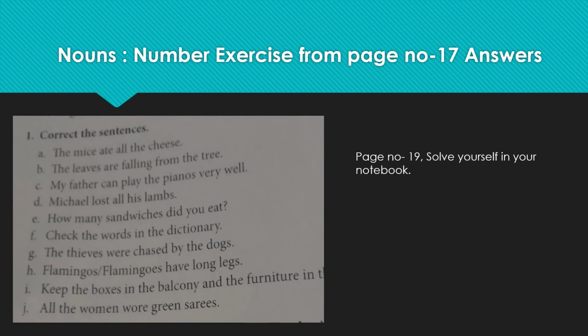Now I am not going to explain because it is already completed. This chapter we are studying from first standard, so you have to remember all the rules. You have to read the rules on page number 16, copy them down in your notebook properly, and then solve the exercise given on page number 17.